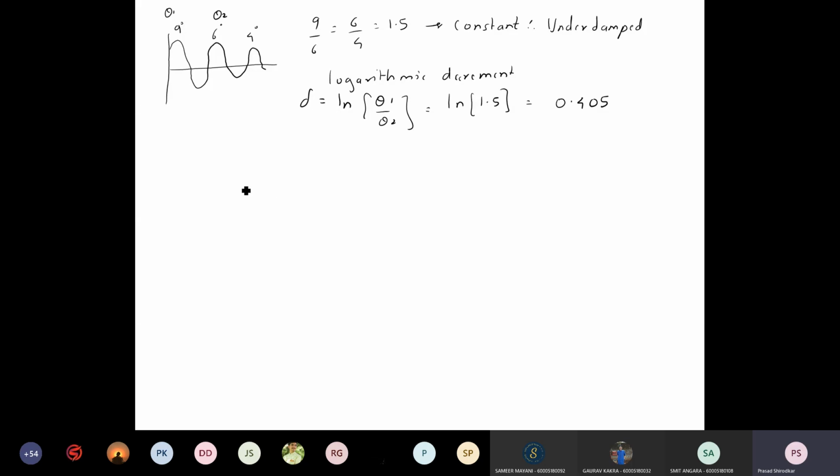Now delta is given as twice pi zeta upon square root of 1 minus zeta square. This equation we have already derived.